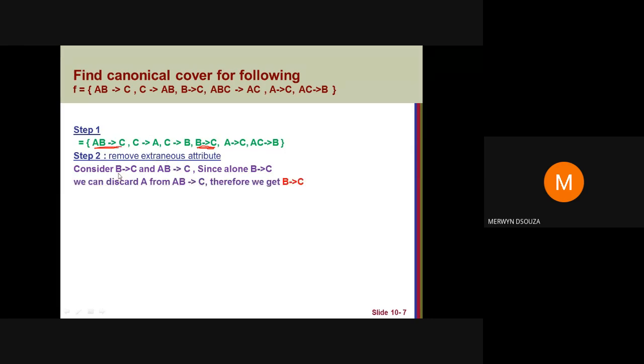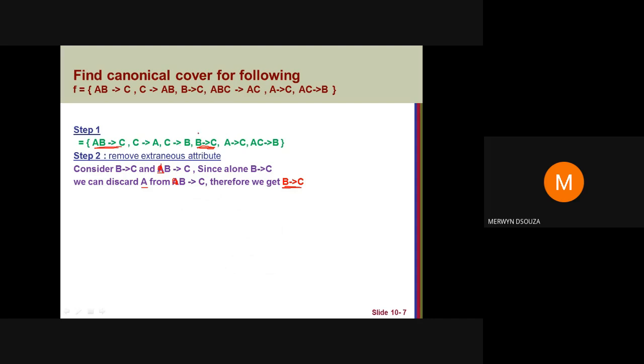Since we are having B determines C, B alone is enough to determine C. Therefore we don't need A to determine C. We don't need this A. So we can discard A from this, and we will get B determines C.